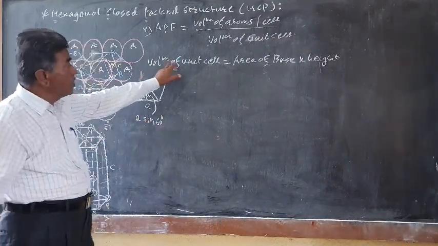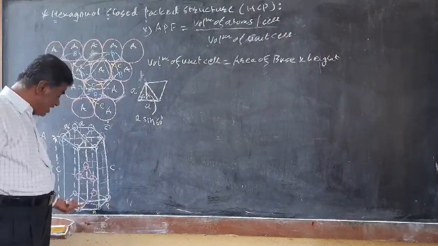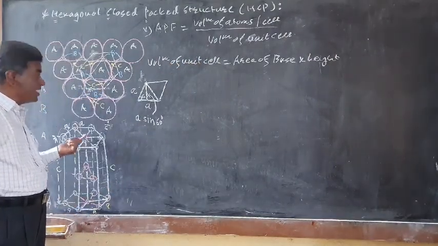So to find the volume of the unit cell, it is the area of this portion into the height.